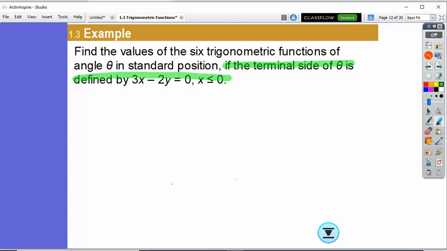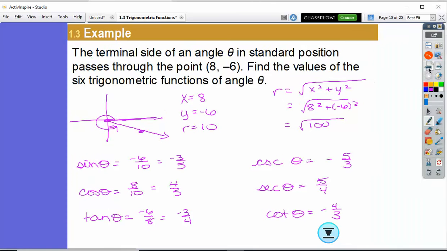I did not give you a point on the terminal side. I gave you the equation of it this time. We need a point. We need x, y, and r. We are just going to find a point on the side. The values of our trig functions are actually the same for every point on the side.